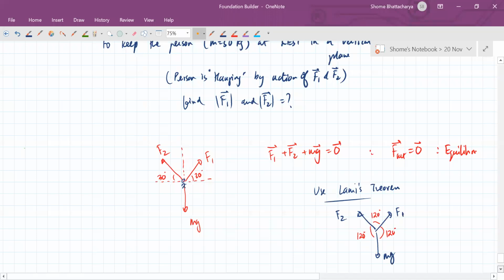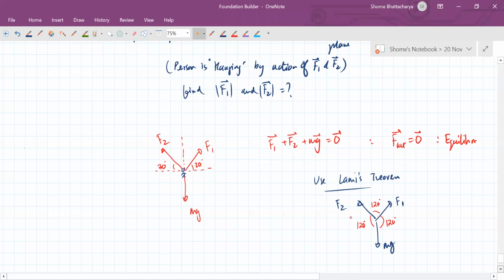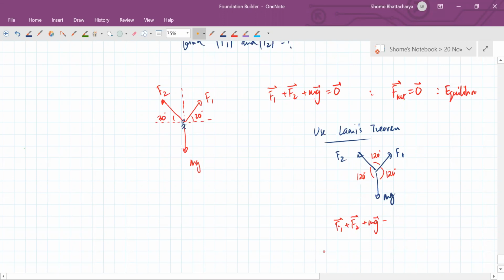Okay. So vector sum of these three is 0, means that F1 upon sine 120 is equal to F2 upon sine 120 is equal to mg upon sine 120.